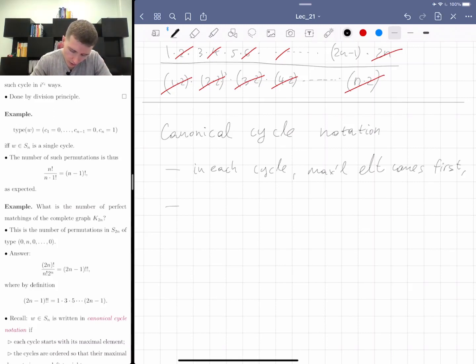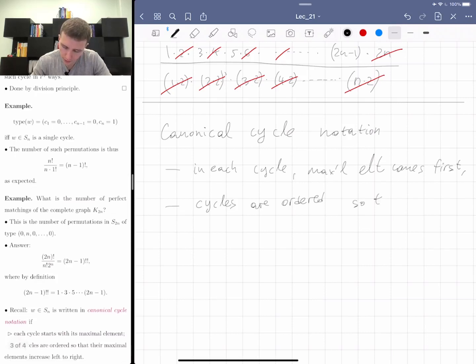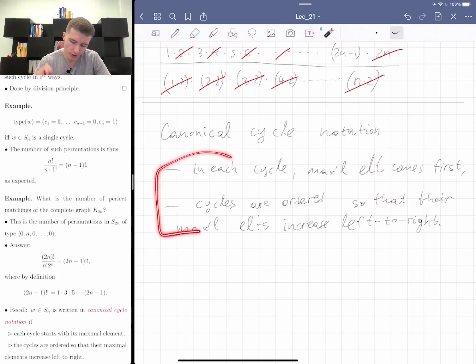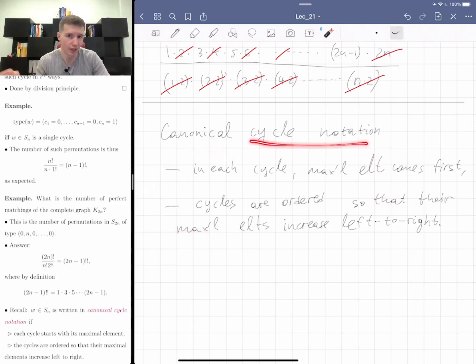And the second condition is that cycles should be ordered so that their maximal elements increase from left to right. So clearly these two conditions force your cycle notation to be uniquely determined.